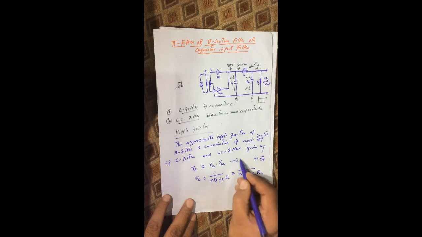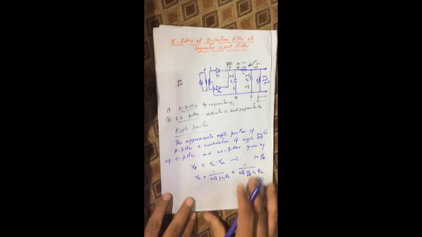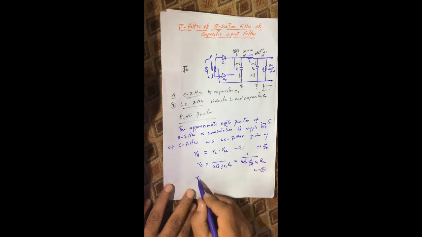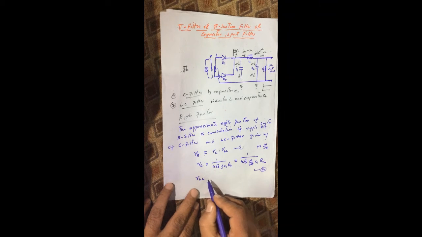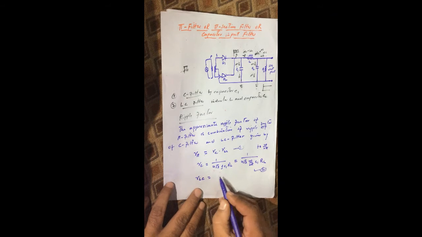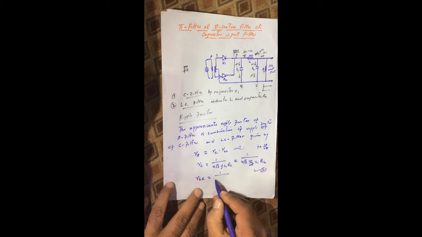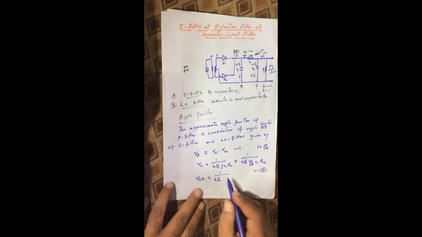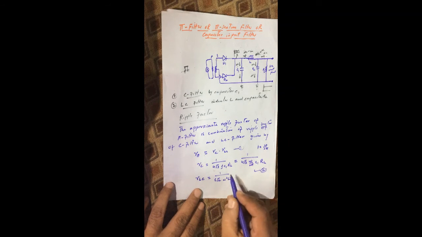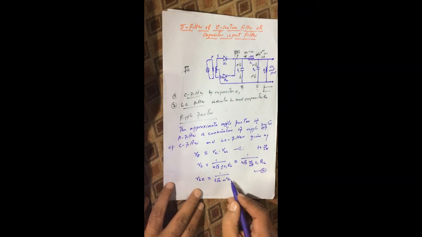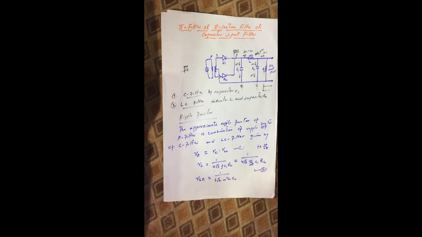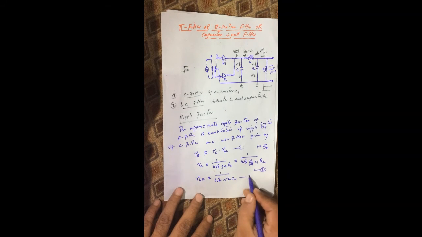This is equation 2. And the ripple factor of this LC filter is given by 1 over 6 square root 2 omega square L C2, where C2 is the capacitance of capacitor 2. This is equation number 3.